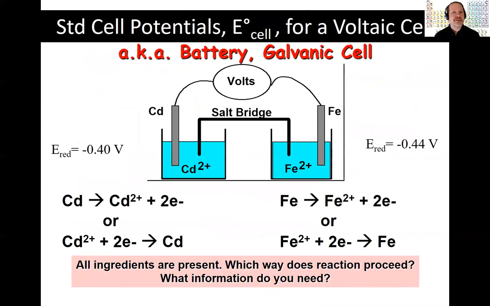Now, once we know these things, we can do some valuable investigations into which chemical reactions are going to occur in a particular set of conditions. Let's say you had some cadmium and iron metals and cadmium ions and iron ions in different solutions. Could we form a voltaic cell, a battery that will generate positive voltage? If we could, what would we come up with?